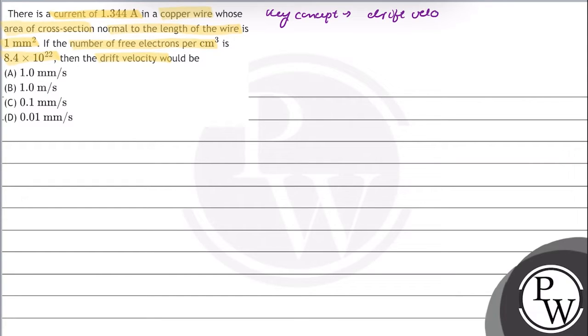drift velocity and its relation with current.